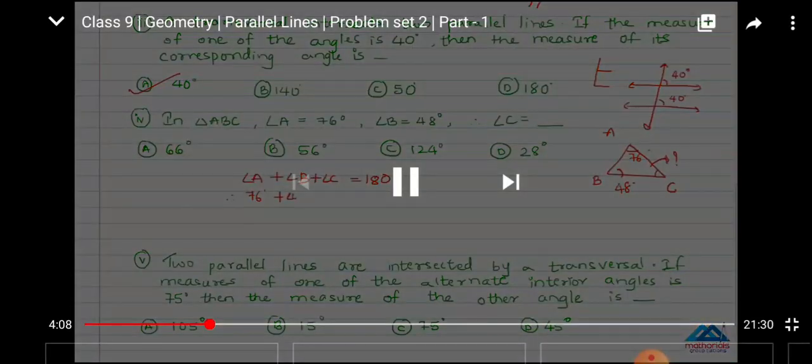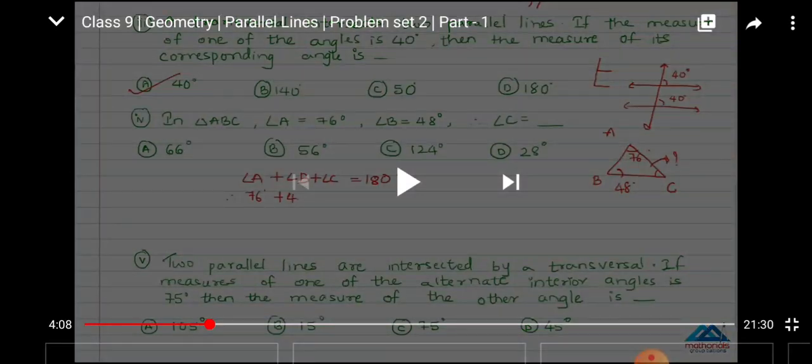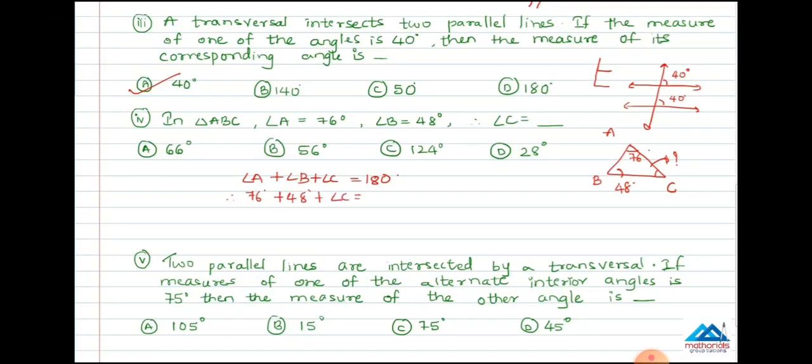We put in the values: A is 76 degrees, B is 48 degrees, and C we write as it is, 180 as it is. We add 76 plus 48, so we get 124. We write 124 here, plus C.